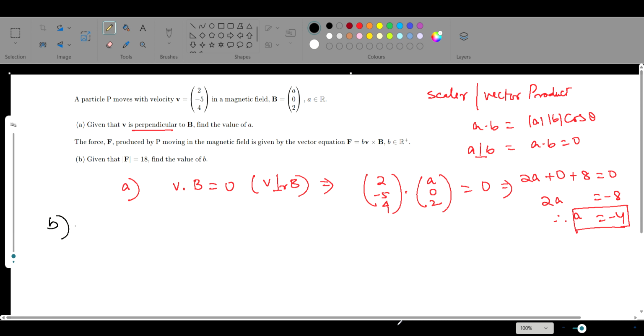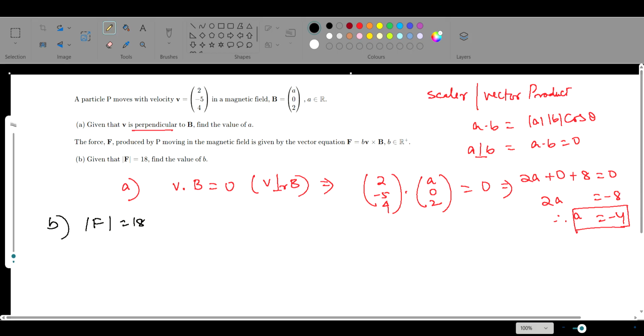And we also have the magnitude of force, that is 18, which is going to help us to find the value of b.